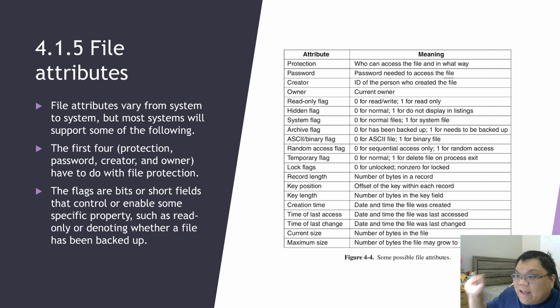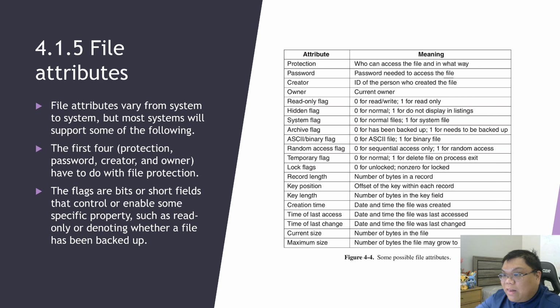There are also flags that specify whether a file is read-only or has been recently archived. There are other attributes such as when the file was made, who last edited the file, when was the file last changed, and also how large is the file, and what is the maximum size the file is allowed to grow to.